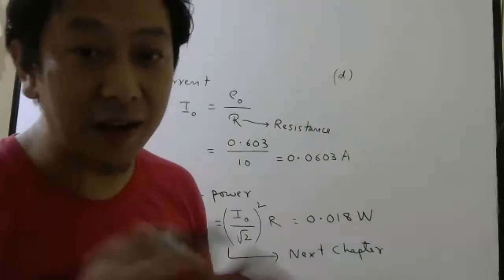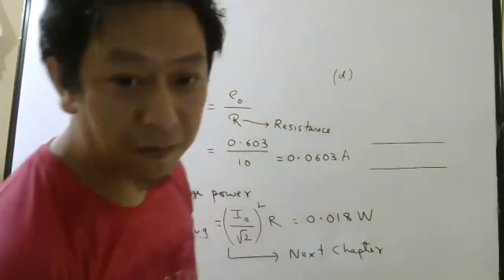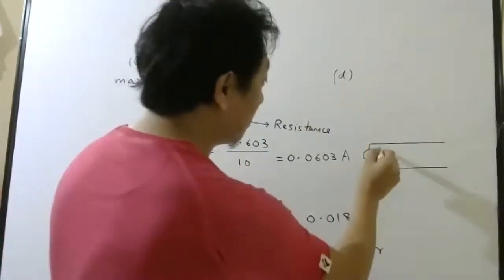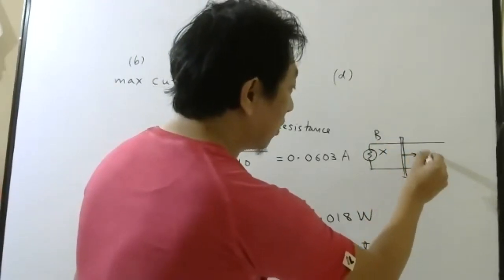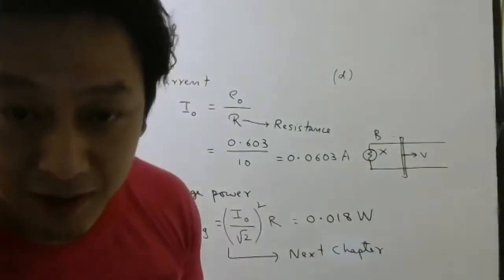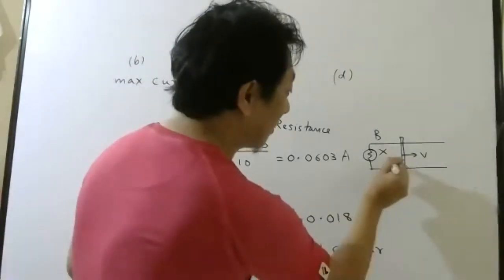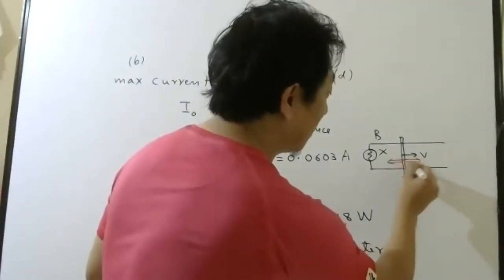If you go back and remember the class where I had two rails, and a bulb was put here, and there is a magnetic field like this, and there is a rod. When you move the rod with constant velocity, current starts flowing. If you remember, the magnetic force was in what direction? In this direction. So I had to apply some force in this direction.